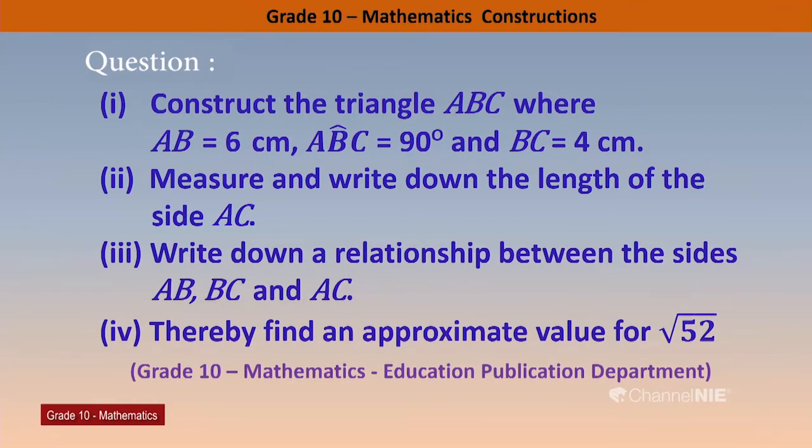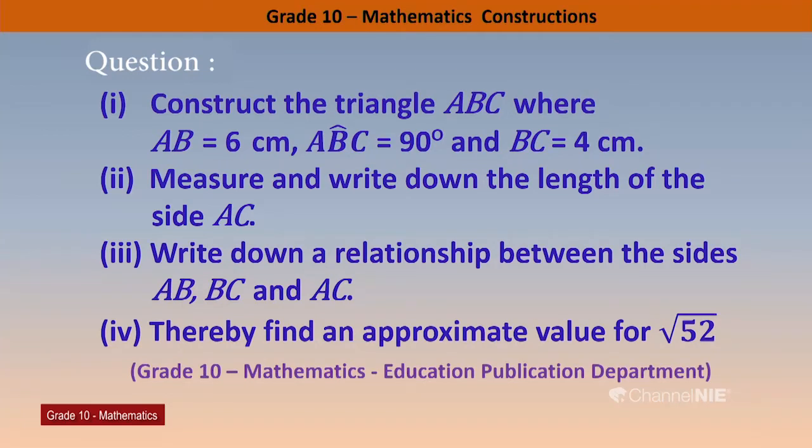So, first we need to construct a triangle. So, according to this, the length of 2 sides are given and the magnitude of an angle is given. Let us construct a triangle ABC when the 2 sides and included angle are given. So, what will be the base? If you want, you can construct BC as 4 centimeter length, or you can construct AB as 6 centimeter length.